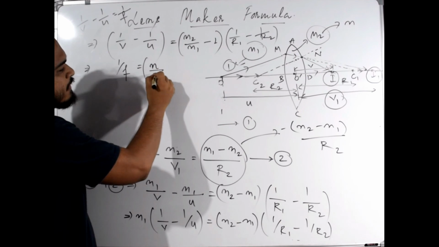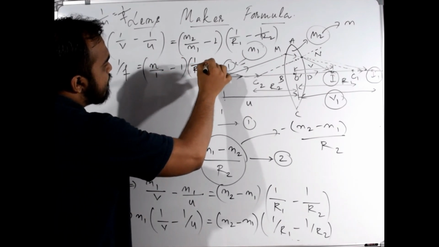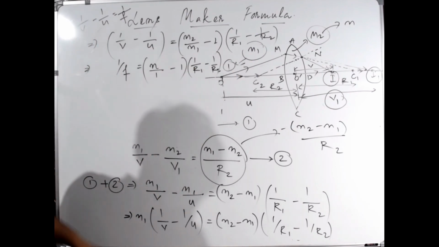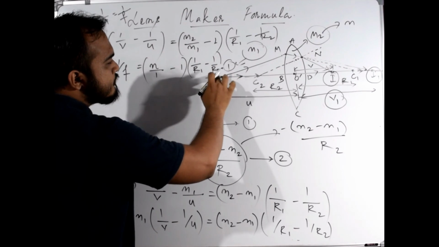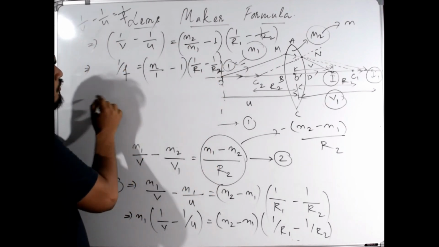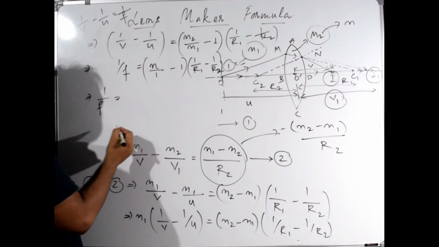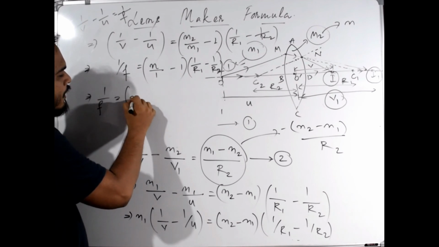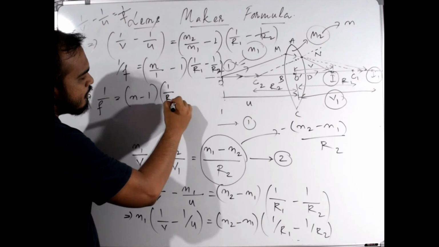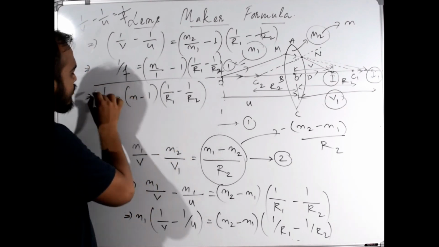N divided by 1 minus 1 into 1 by R1 minus 1 by R2. So this can be written as 1 by F is equal to N minus 1 into 1 by R1 minus 1 by R2. So this is the final required equation.